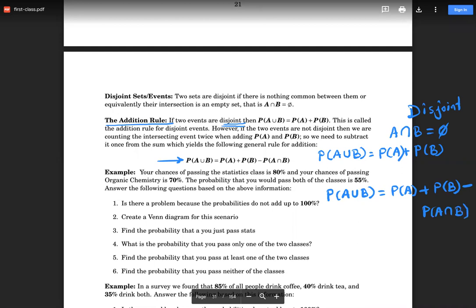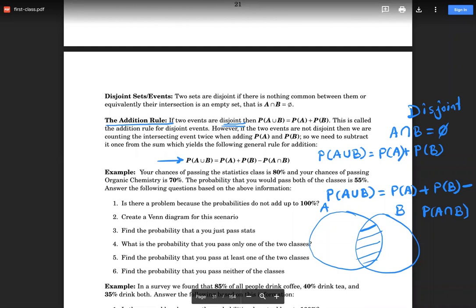Now, it's easy to use a diagram. It's called a Venn diagram. So think of this event A, event B, right? If you think of the probability of A union B, then think of this overlapping region.